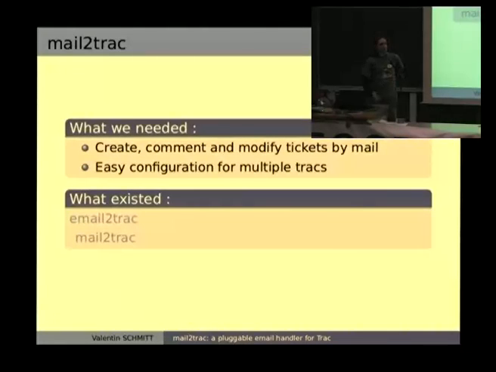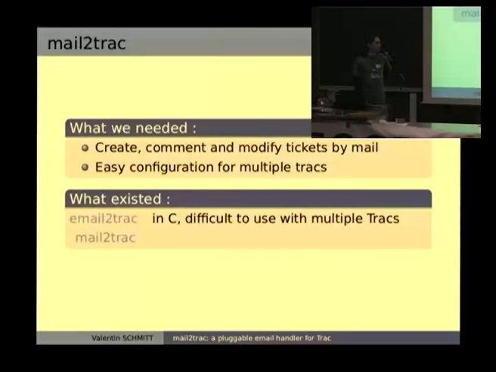There were two plugins already existing at this time. One, whose name is mail2trac, is written in C, but it was difficult to use with multiple Tracs, so it didn't fit our needs. There was also another mail2trac, which was just a draft.